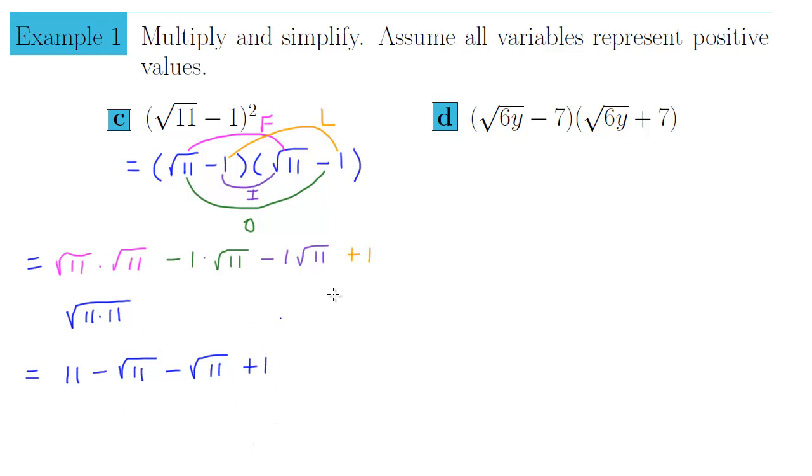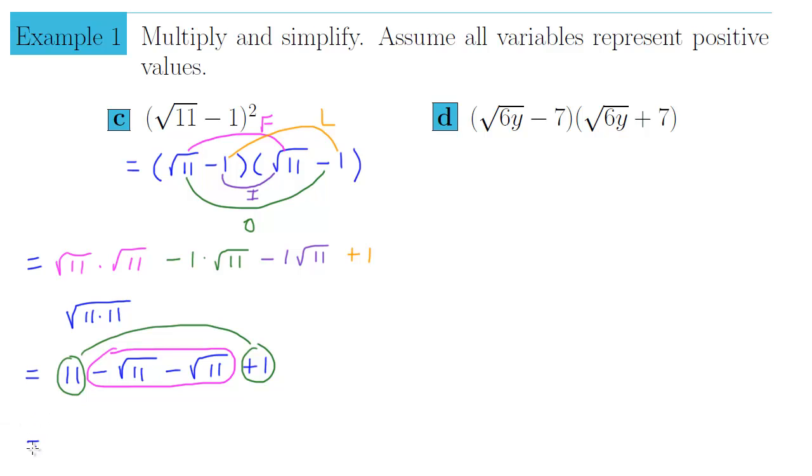At this point we've done all the multiplication, but we haven't collected our like terms. Okay. We can't simplify root 11, but that's okay, we don't need to. This negative root 11 and this negative root 11 will collect. And then also, this positive 11 whole numbers and this positive 1 whole number will collect.